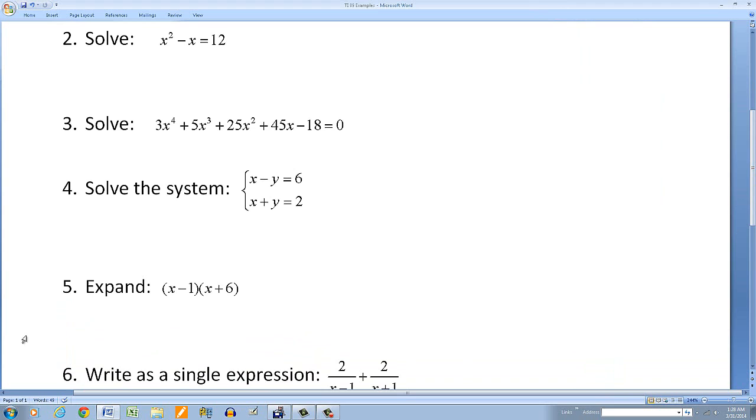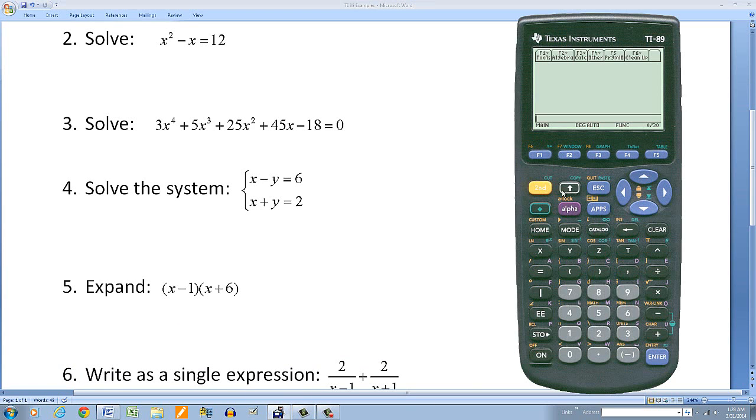Let's look at the next problem. Expand x minus 1 times x plus 6. So it wants you to multiply this out. Okay, so go to the menu here, and number 2 is expand, or number 3 rather.